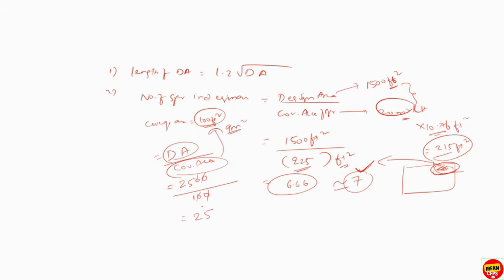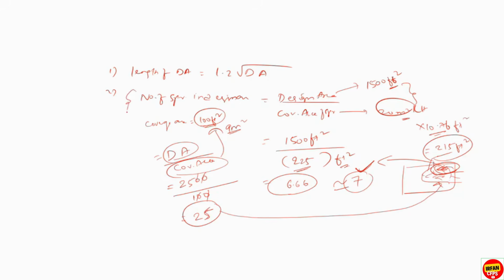So we will get 25 sprinklers. See, 25 sprinklers are to be considered if you have extra hazard occupancies and you are performing the calculations, so you need to consider a minimum of 25 sprinklers.